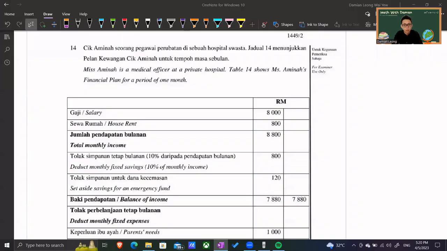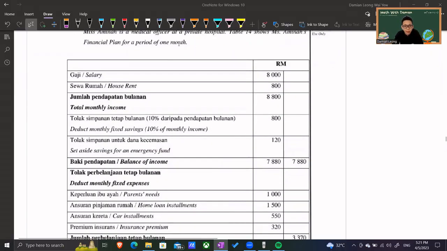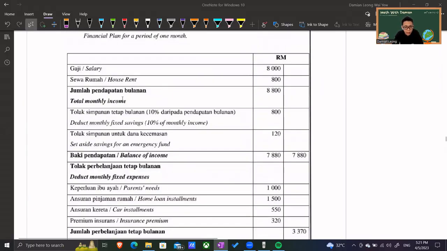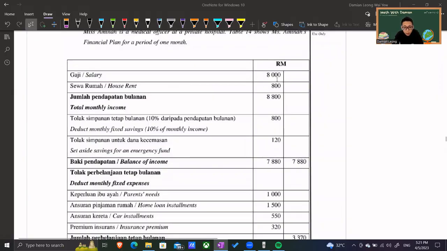Okay. So look at question 14. Miss Amina is a medical officer at a private hospital. Table 14 shows Miss Amina's financial plan for a period of 1 month. So here shows her income from salary and house rent, and total money income.